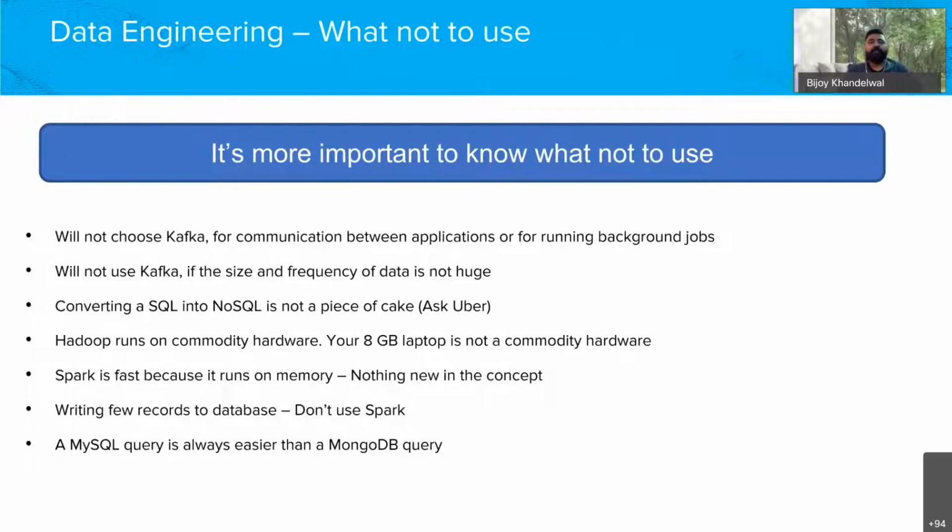If the size and frequency of data is not huge, even if it is streaming data, I can do it with a normal messaging queue. Why go for Kafka? Because Kafka is mostly used for high frequency, huge data, parallel processing, all those kinds of things. So I will not go for Kafka, for example, when I'm talking about such streaming data.